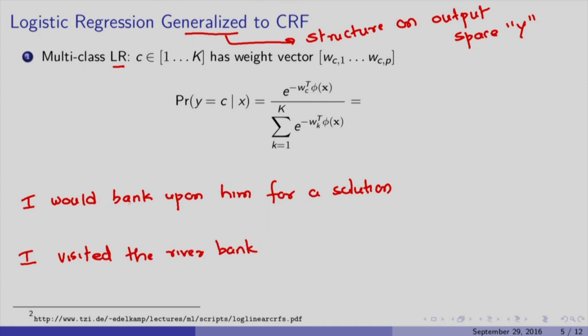Now I know that the bank talked about in the first sentence is a verb, and that in the second is a noun. In fact, I could come up with the part of speech tag sequences for each of these. For the first case, it would start with a pronoun and so on, a verb, a preposition, pronoun and so on.